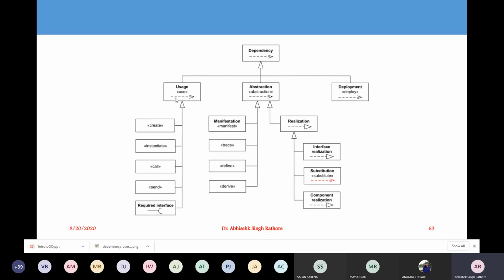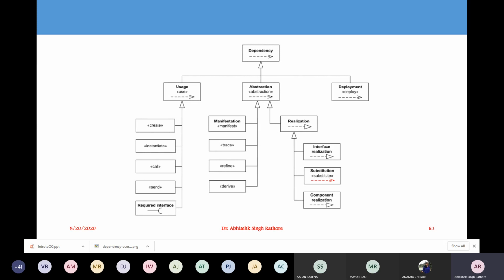This arrow may be labeled with optional stereotypes. If you don't want to give a specific dependency level, you can use only the simple dependency. Otherwise, if you want to mention usage, abstraction or deployment dependency, you can put the stereotype and go for the different dependencies.